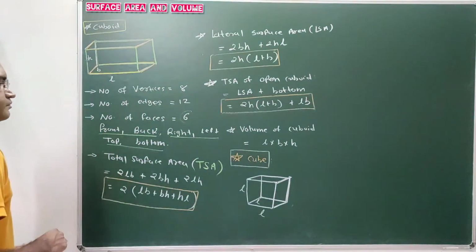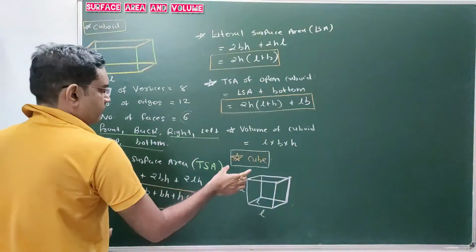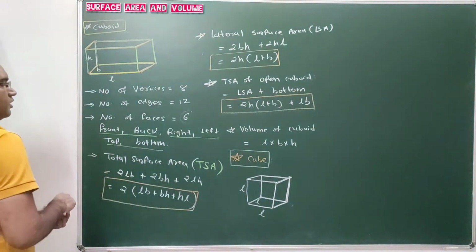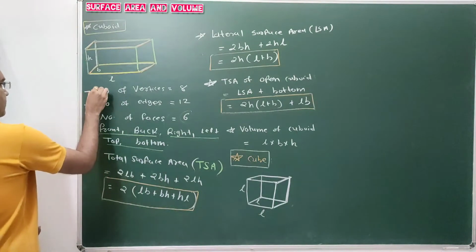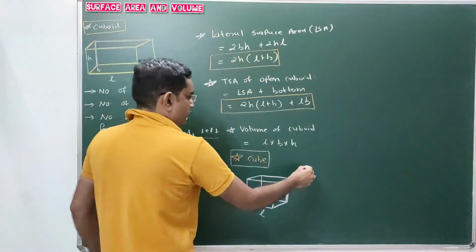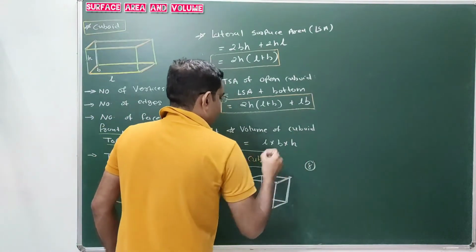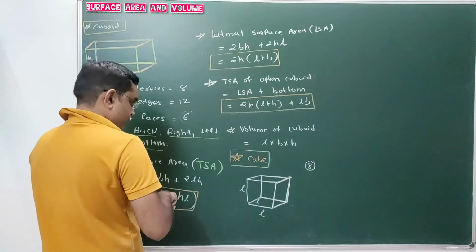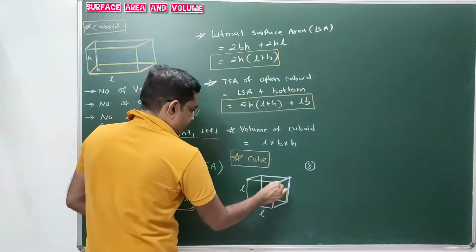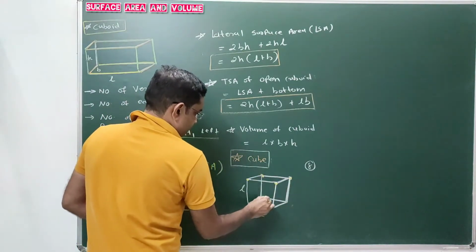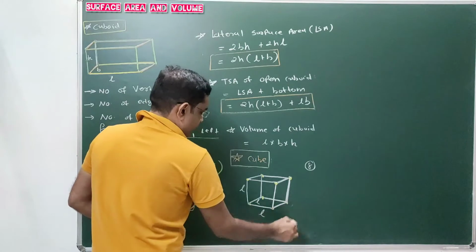Cuboid. So now for the cube, the number of vertices will be the same. Number of vertices for this cube are 8. Those vertices are these 8 points, the intersection points of 3 sides.